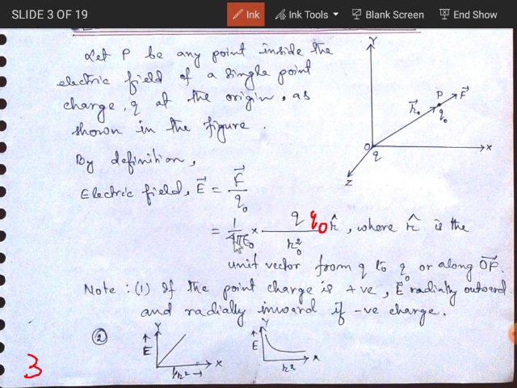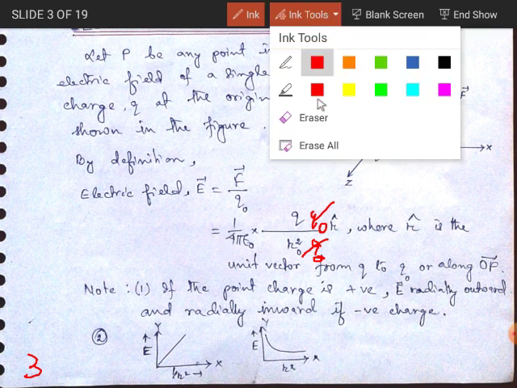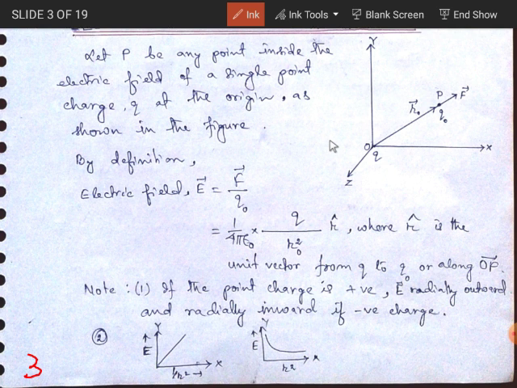This is the force experienced by the charge Q naught due to Q, or you can simply say the force between these two charges, divided by Q naught. Then this Q naught and this Q naught will cancel, as before. Clear? Yes. Let me remove it.